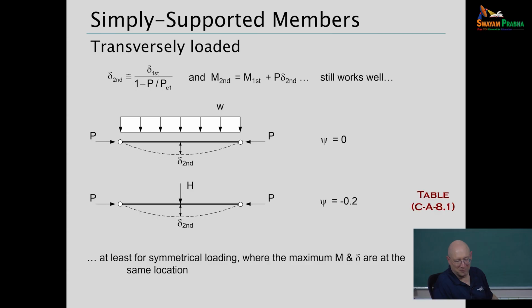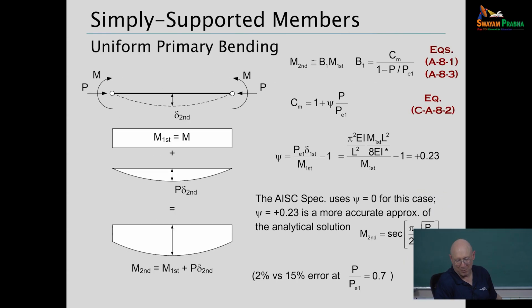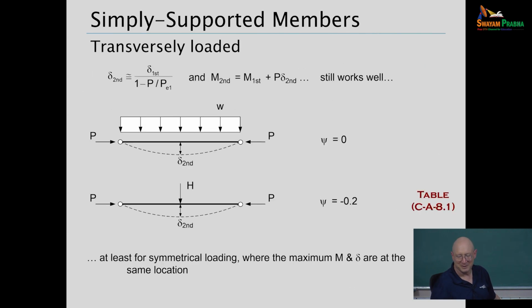If we put in the calculations for the deflections here, basically we go back to this middle equation, where we got positive 0.23 for the uniform bending case. For the uniformly distributed load case, you actually do get psi equals 0 to maybe three or four significant digits when you substitute into that.